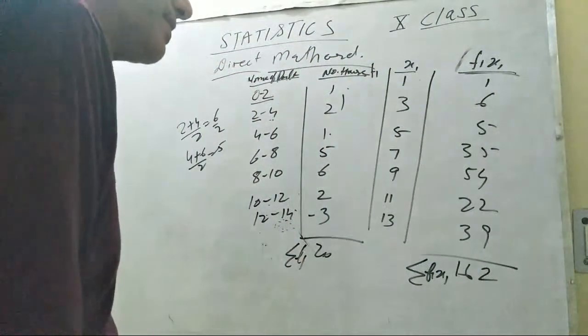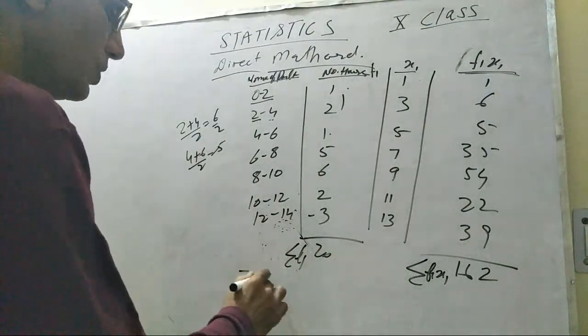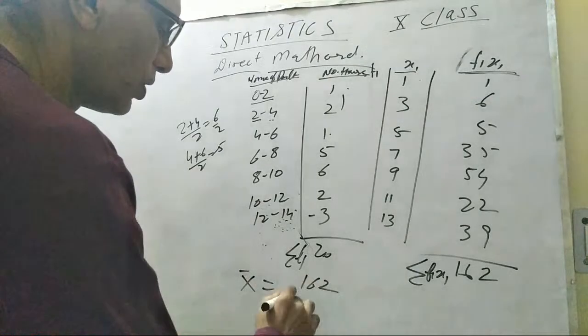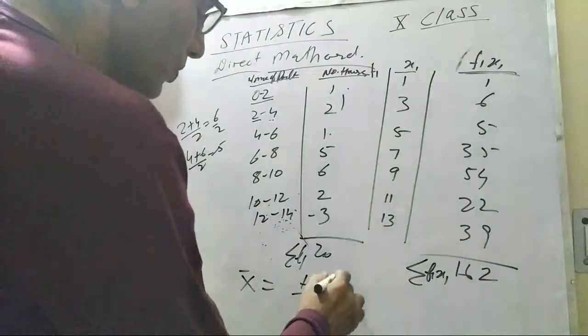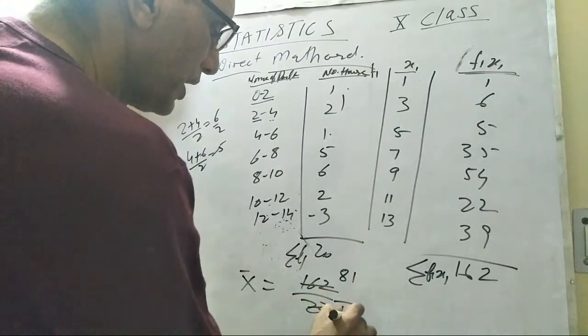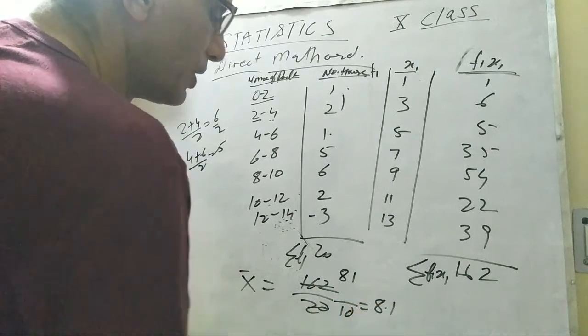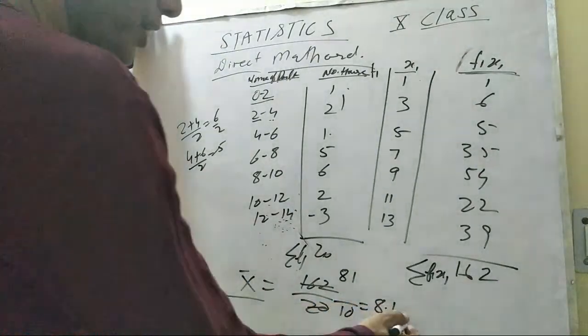अब हमारे पास mean is equal to 162/20, and this is equal to 81/10, which is 8.1. The mean of this data is equal to 8.1.